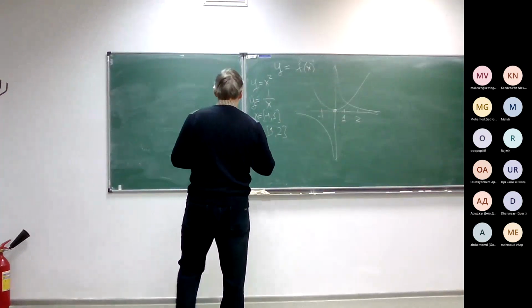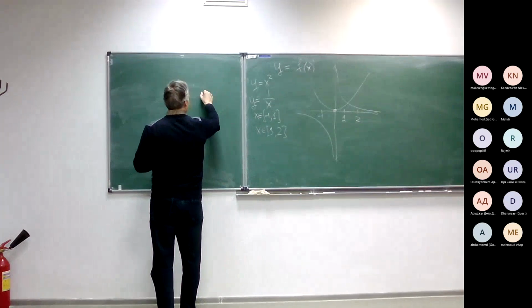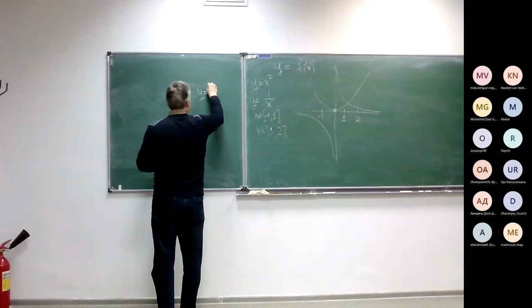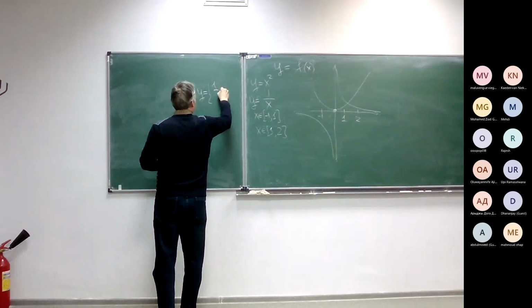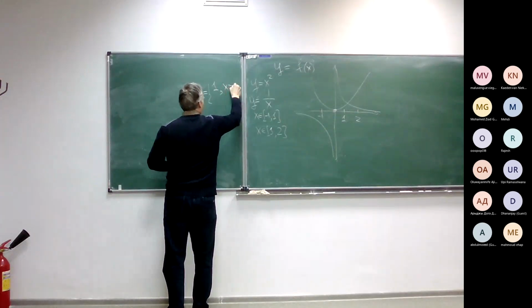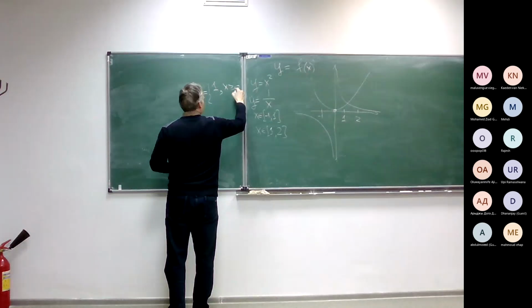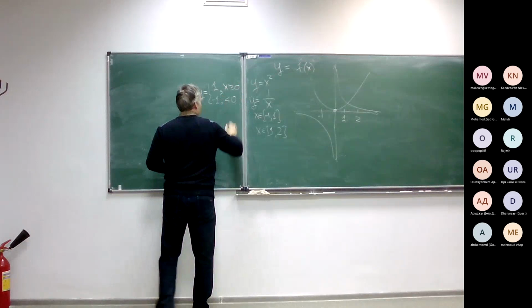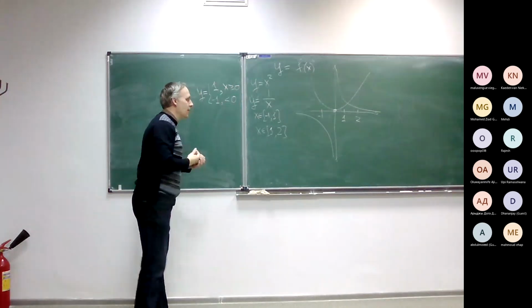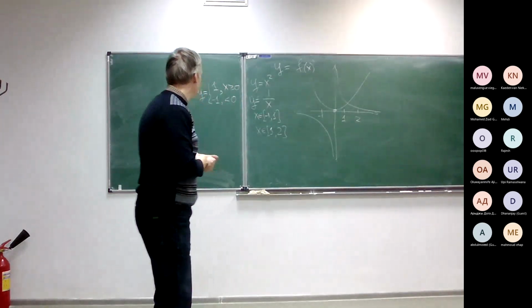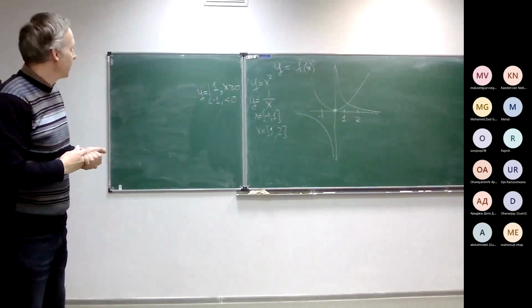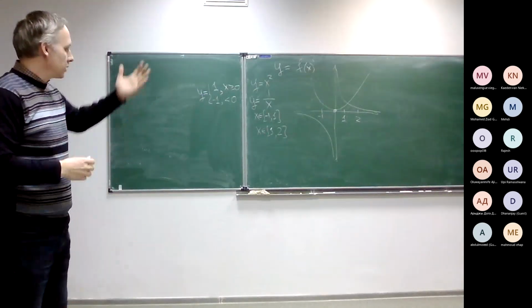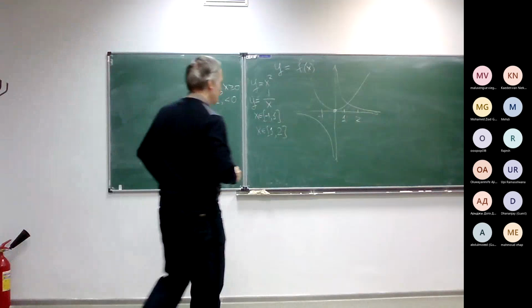Let's consider the function y equals 1 if x is greater than or equal to 0, and -1 when x is smaller than 0. What will be the graph of this function?